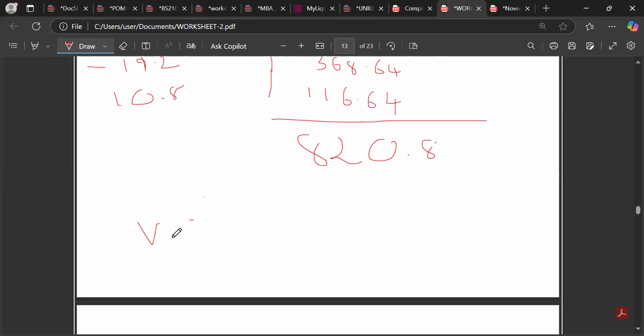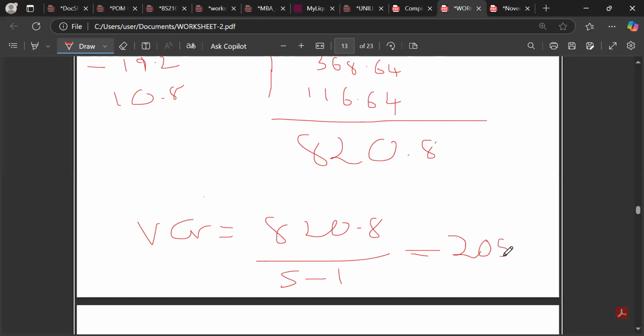So our variance in this case would be 820.8 over 5 minus 1, which gives what? 820.8 divided by 4 gives us 205.2 as our variance. Are we all following?